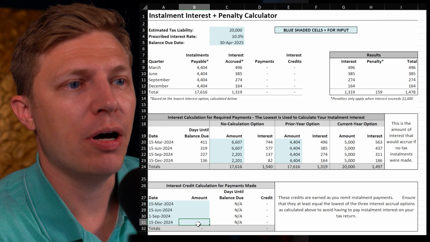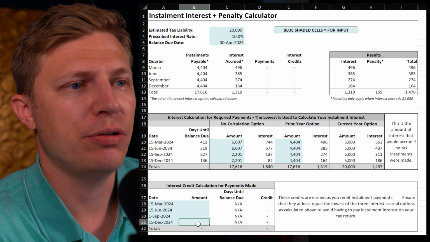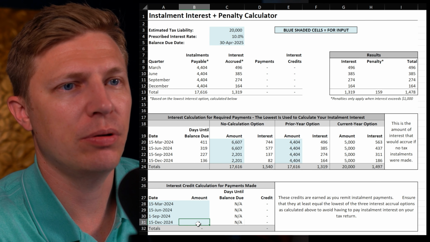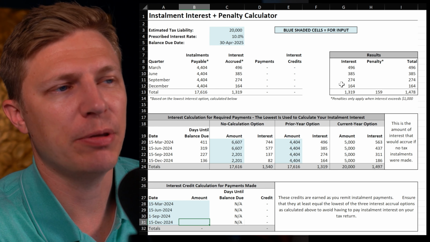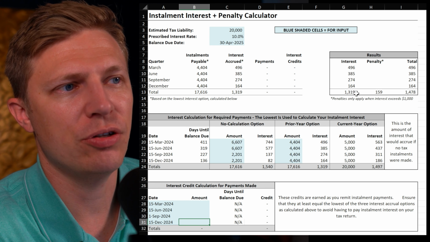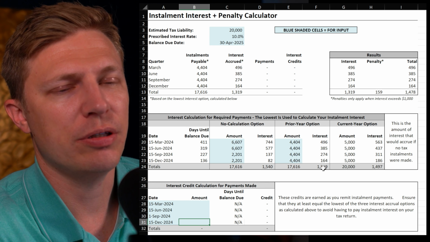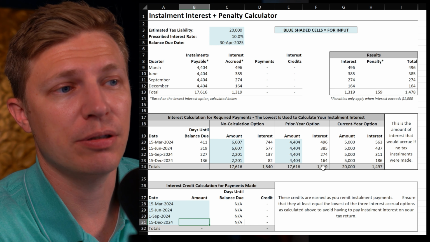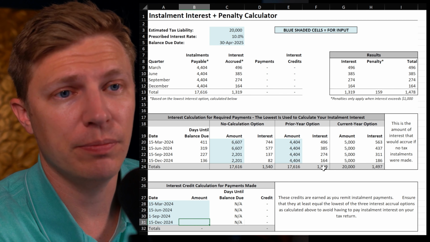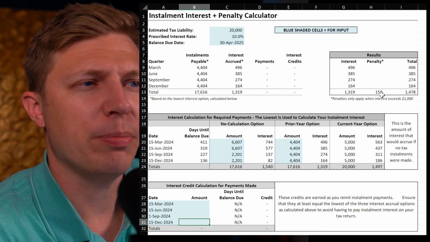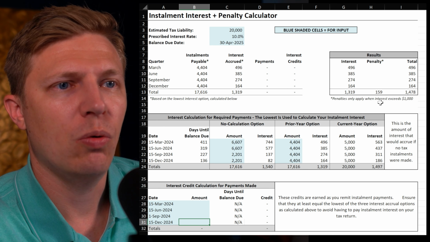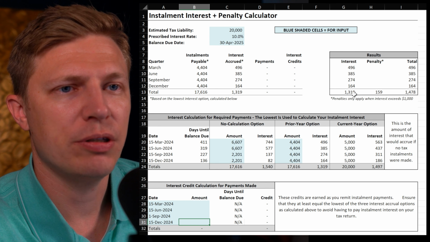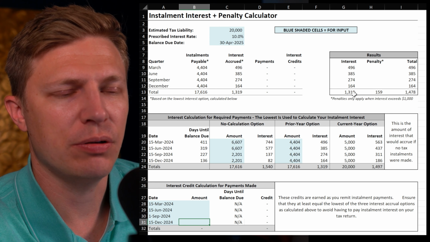Okay, so the other thing I just want to talk about is penalties. At the top right corner here, you'll see the interest, which is the amount that is payable by you. But then there's also penalties. So penalties are going to apply when the interest exceeds $1,000.